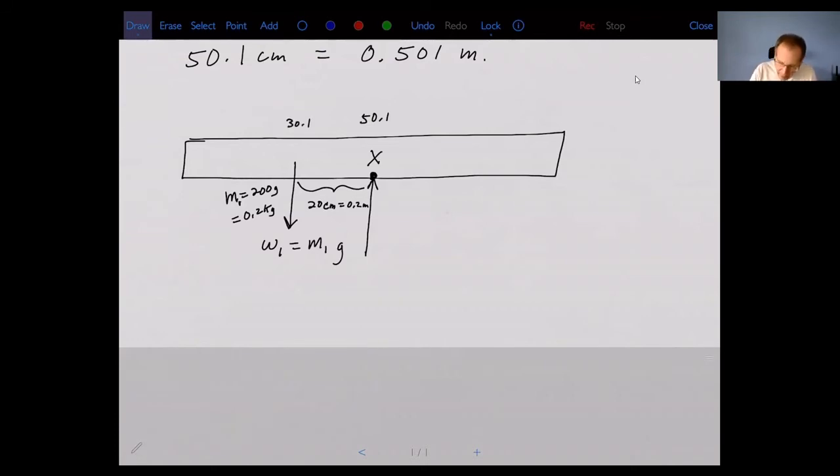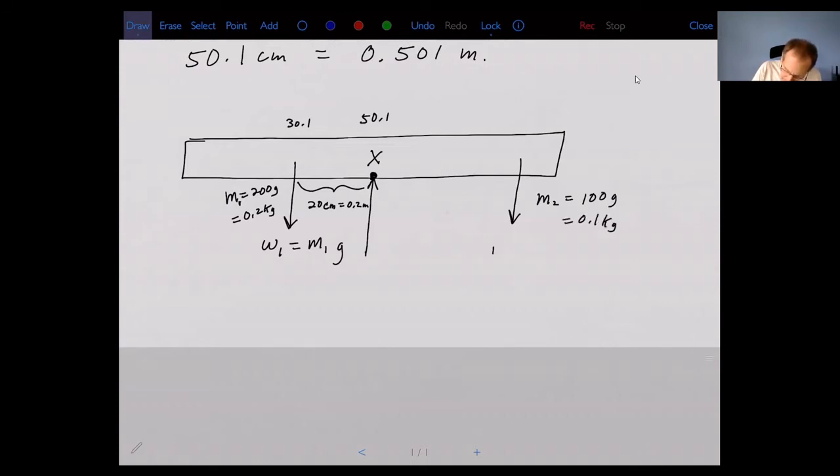Okay. Now on the other side, we're hanging another mass at some location. I'll call this M2. It was 100 grams, which is 0.1 kilograms.